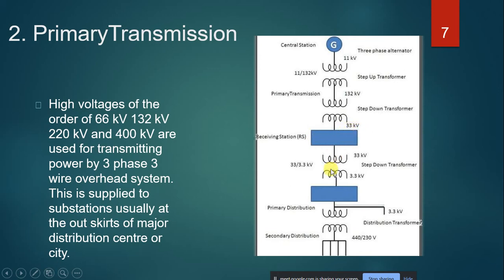From the 33 kV substation, it is further stepped down to 3.3 kV, and further stepped down to 230 or 440 volts. Generation will be 11 kV. Step up, step down to your requirement. Right? Any doubts in this primary transmission?